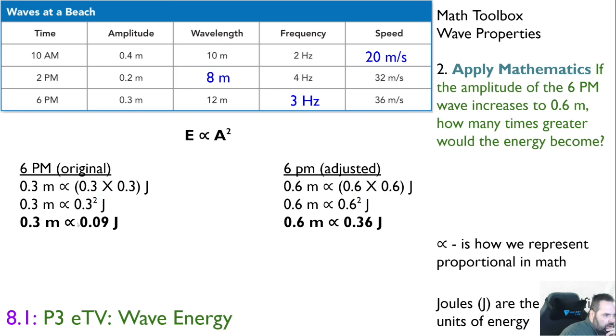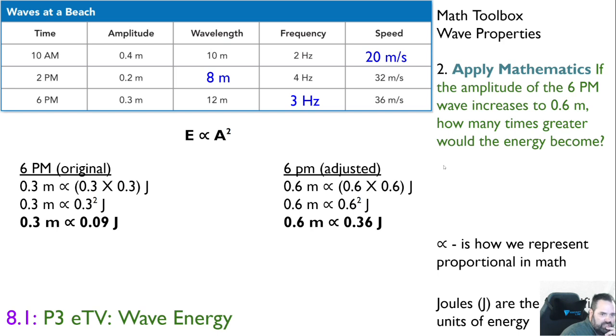And we're going to end up with 0.09 joules, proportional to 0.09 joules. At 6 p.m., if we adjust it, if we increase the amplitude to 6/10 of a meter, right? Then 6/10 times 6/10, or 6/10 squared, is 0.36 joules.